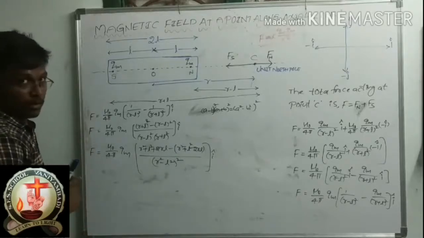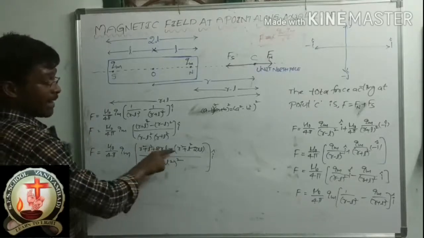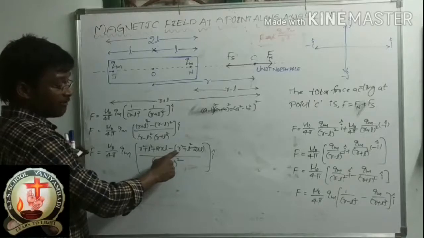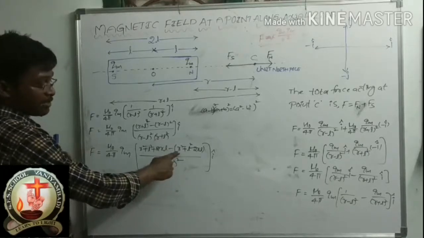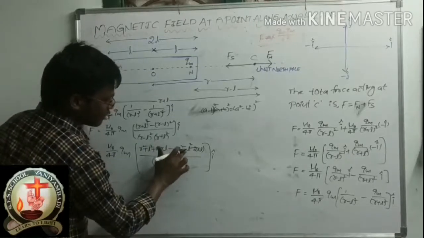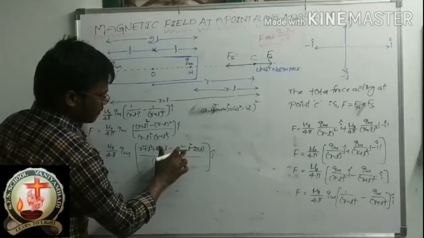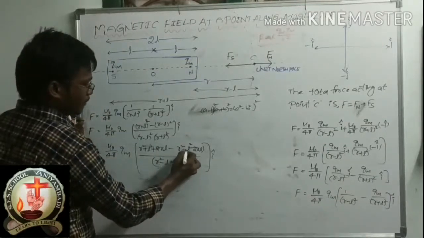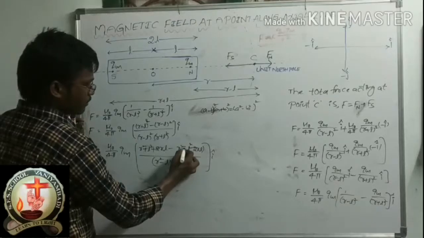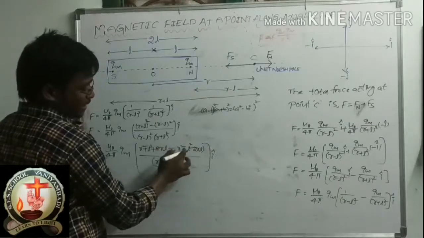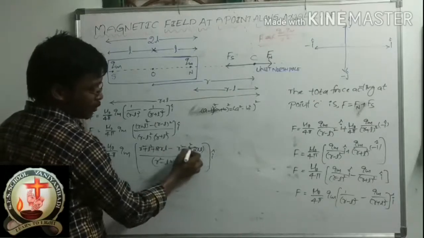That's it. And see, I am multiplying this minus inside. Here minus into R square, minus into plus, minus; here already plus is there, minus into minus, plus.